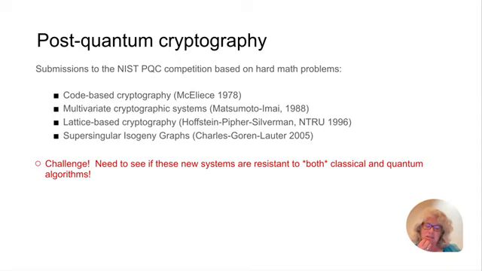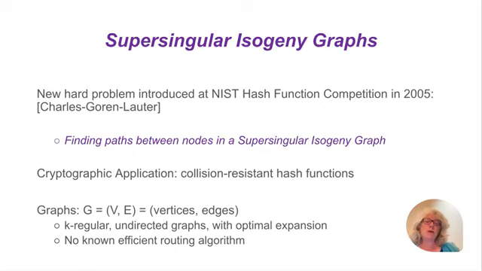And so I'm just going to focus the rest of my talk on the supersingular isogeny graphs and the hard problem that those are based on. We actually introduced these supersingular isogeny graphs at the 2005 NIST hash function competition.